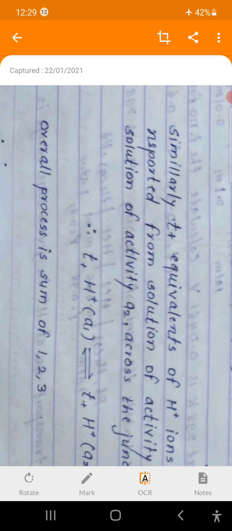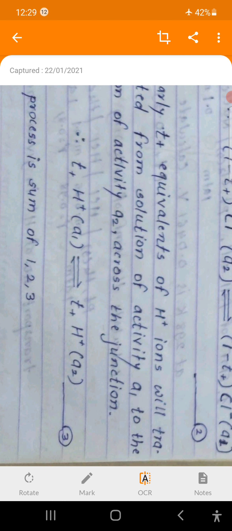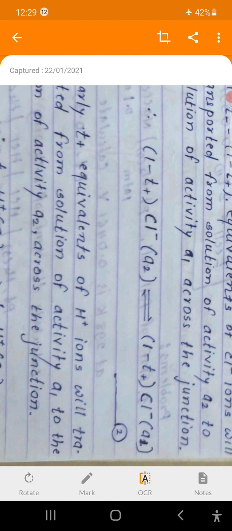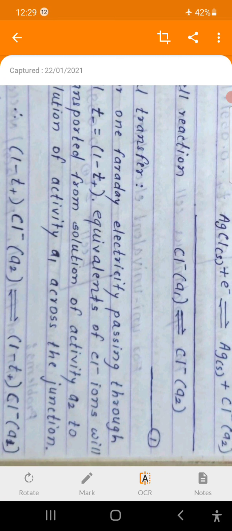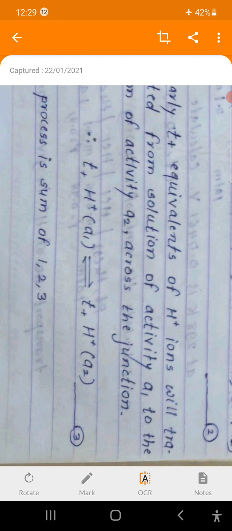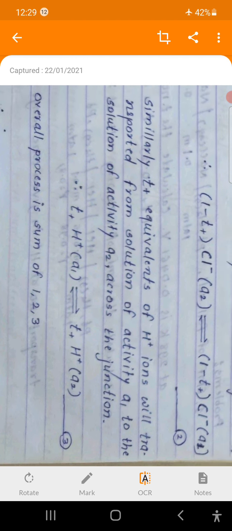Then the overall process is the sum of equation 1, equation 2, and equation 3.